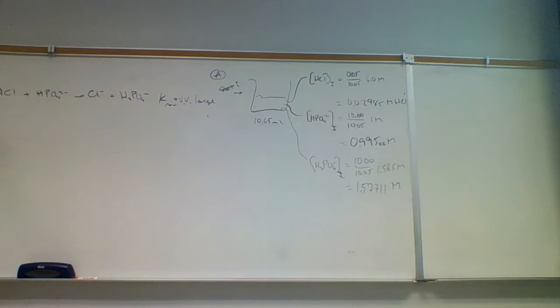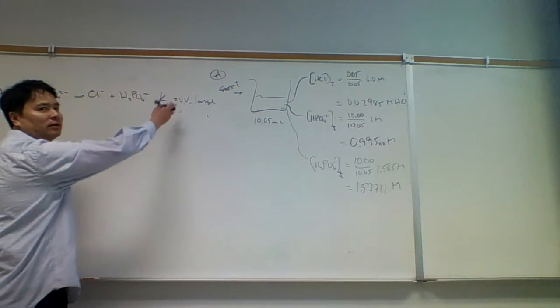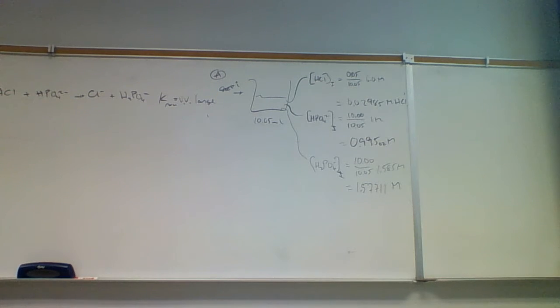Because of the relative scale that I showed you earlier. There are three phases of large: very large, very, very large, and very, very, very large. Well, this is very, very large. But it doesn't matter, because it's going to react to completion. If you put very large here, I wouldn't deduct any points, because it's going to end up doing the same thing. The only reason I want very, very is so you also know the relative scale.